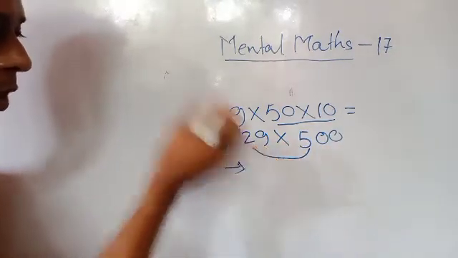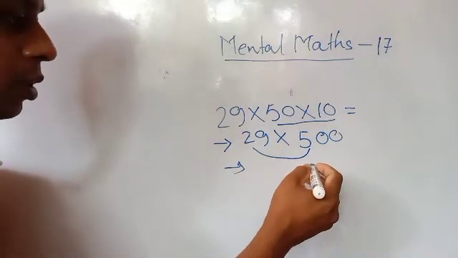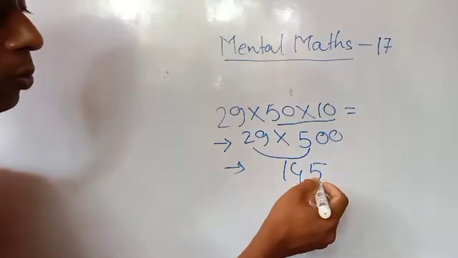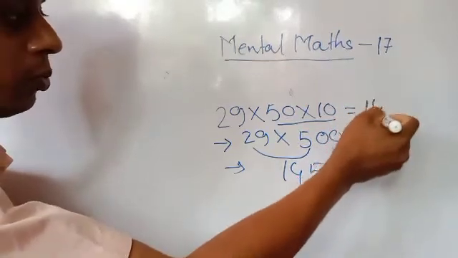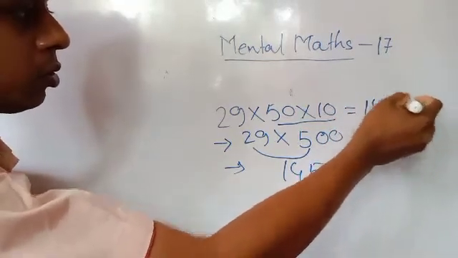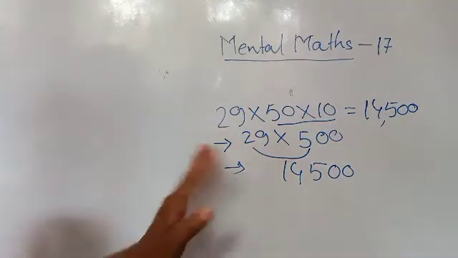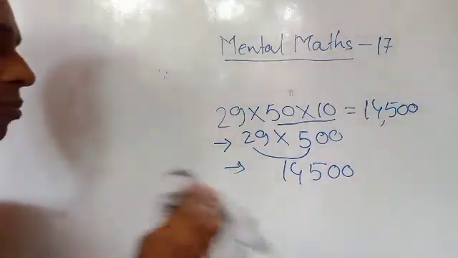Only by 5 you multiply 29. 5 9 is 45, carry 4, 5 to the 10, 14. So 145, then 2 0 you have to put here. So answer will be 14500. So easily you will get the answer. No need to show the actual process also. Okay, if you want to show the actual process, then it will take too much time.